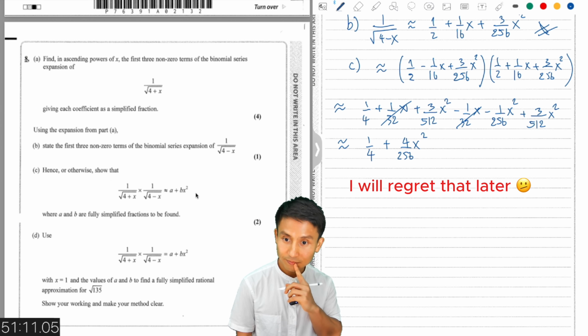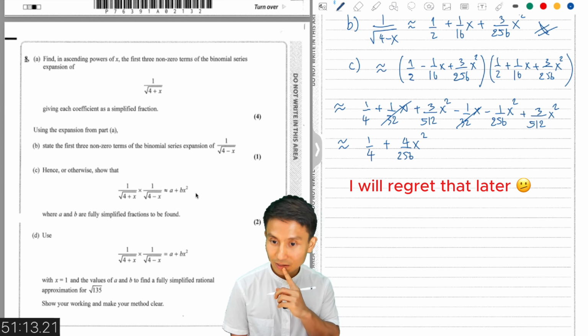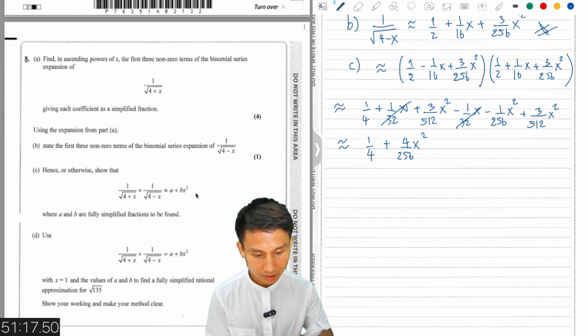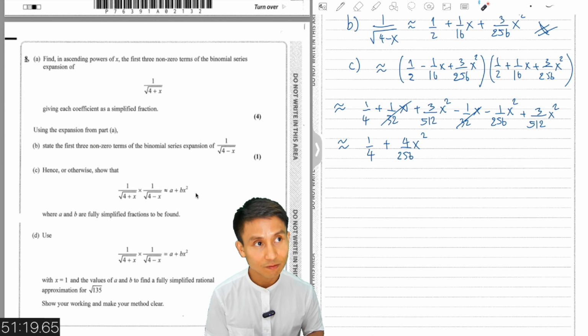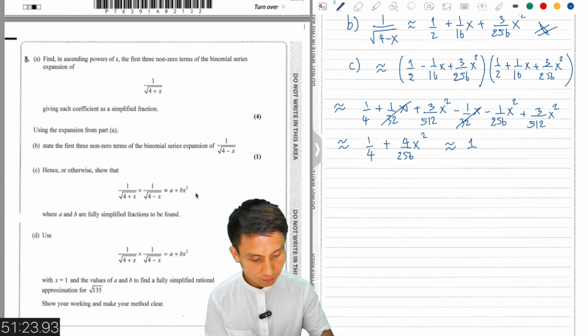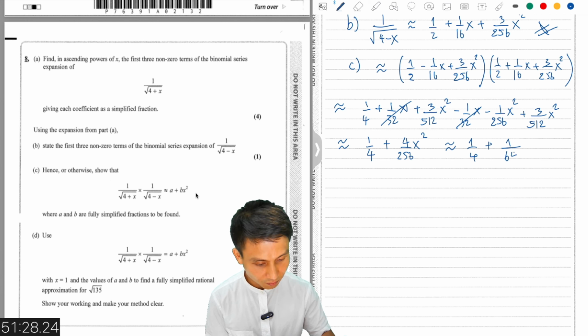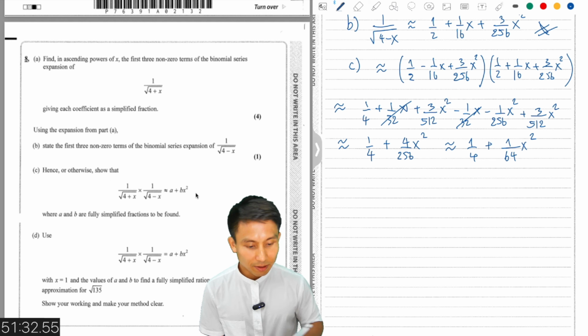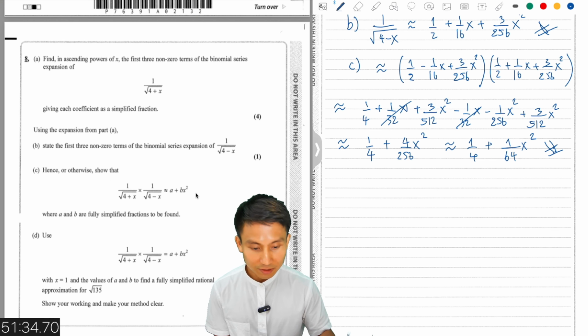I think I am. A and B are simplified fractions. So can this be simplified? 4 times 6, 24. So that's just 1 over 4 plus 1 over 64. Yep, I'm happy with that. So that's just the answer, guys.